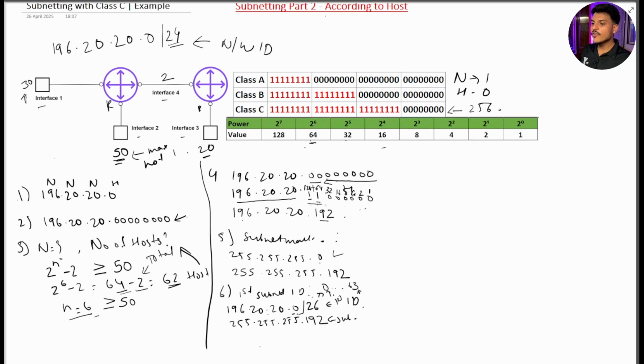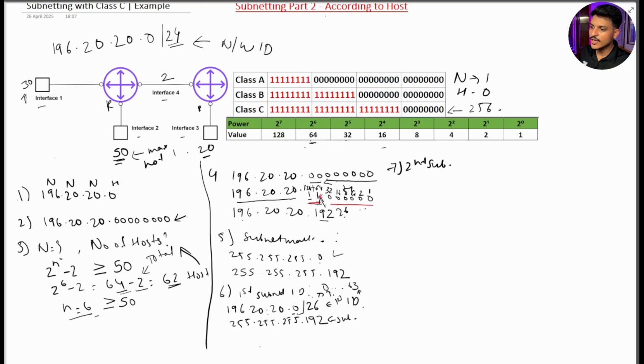So now what will be the second subnet ID for this? In order to find the second subnet ID, you have to find the value of the first network bit that is given from host to network. As we see, these 6 bits are left for host, and the remaining 2 are given to network, meaning this is the first bit that is given to network from host.